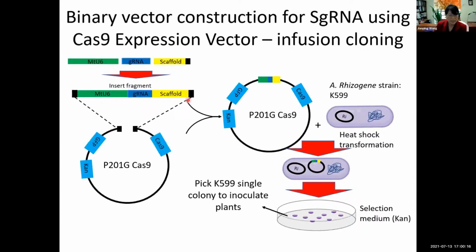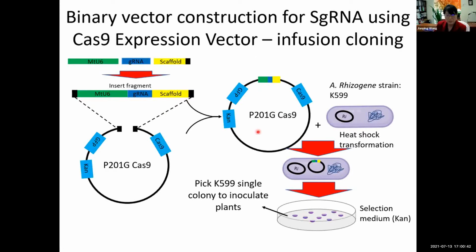As an insert fragment, we put the target or the single guide RNA into the vector, which is the P201G Cas9. And since we have 2 targets, we have one here and the other side by side to each other in the vector.